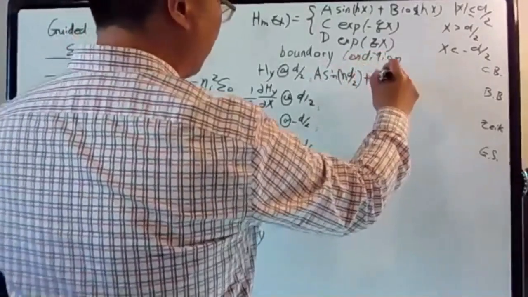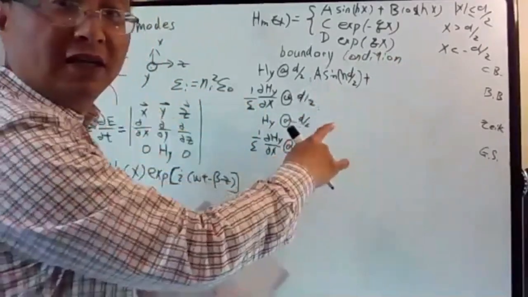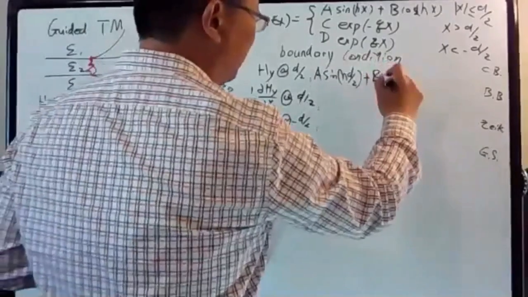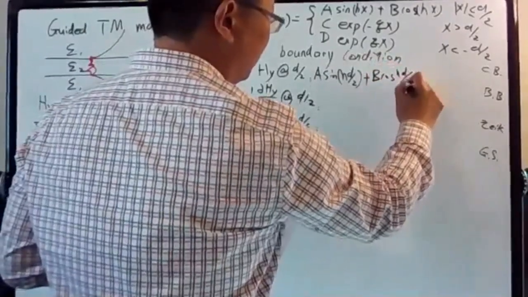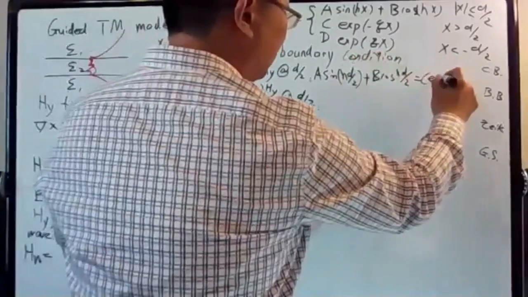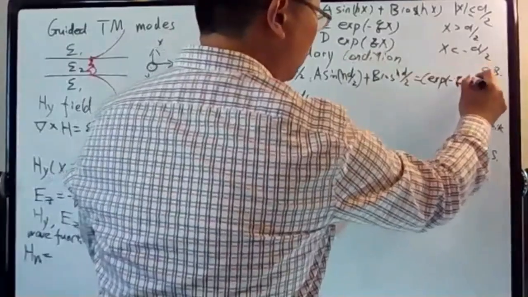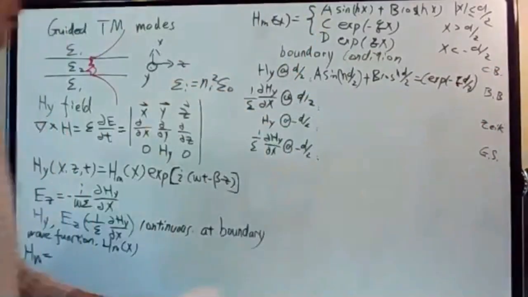And then c exponent negative q d over 2. The rest of it: b cosine h d over 2, then H_y at d over 2 equals what? C exponent negative q d over 2. Okay, thank you.